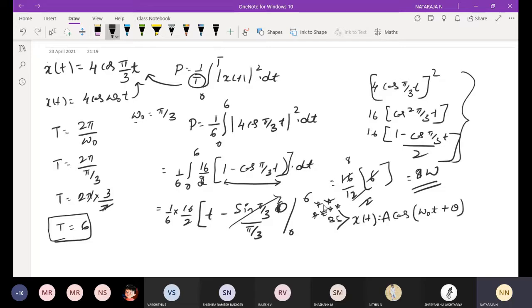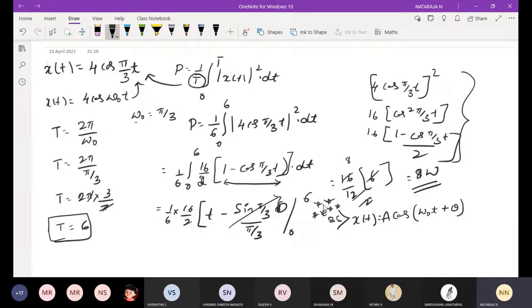They have given the standard equation, A cos omega naught t plus theta. For example, if the problem is x of t equal to 4 cos of 2 pi t plus 4 or 5, anything like that, then you take this kind of standard equation to compare with that equation.